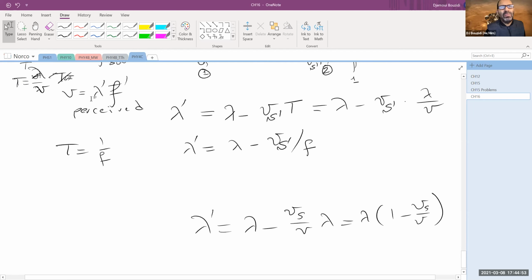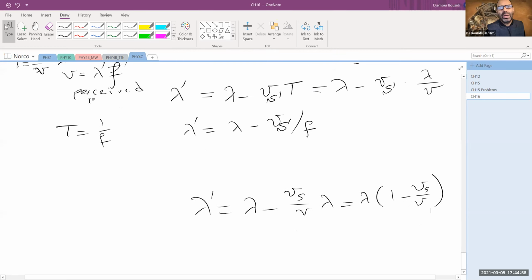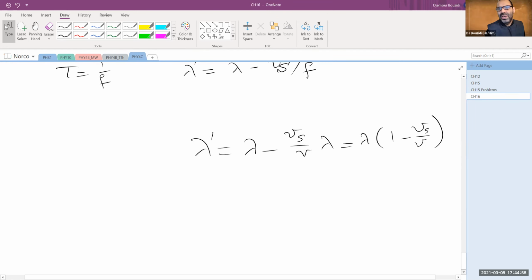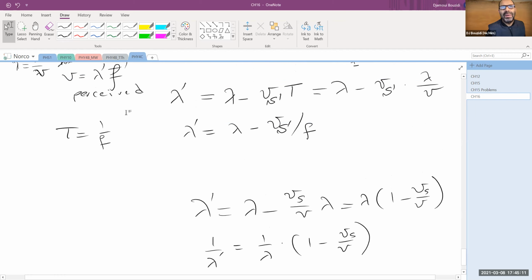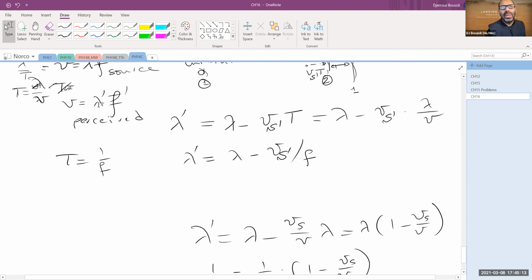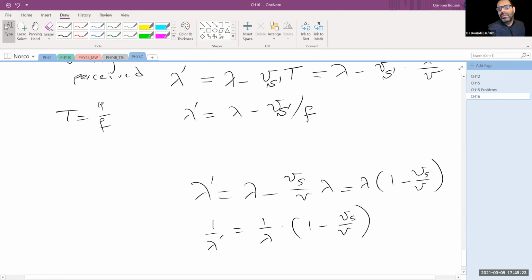So I have an f prime, which is equal to v over lambda prime. If I invert this expression, I'm going to find 1 over lambda prime is equal to 1 over lambda times 1 minus Vs over v. Oh, I'm sorry, I forgot to invert this one to the minus 1.